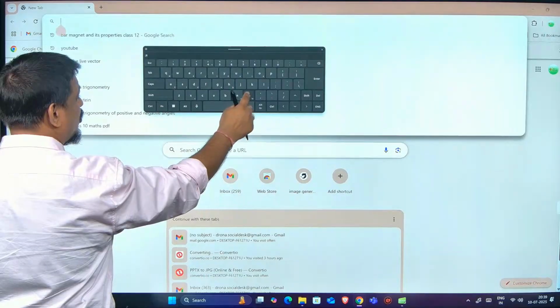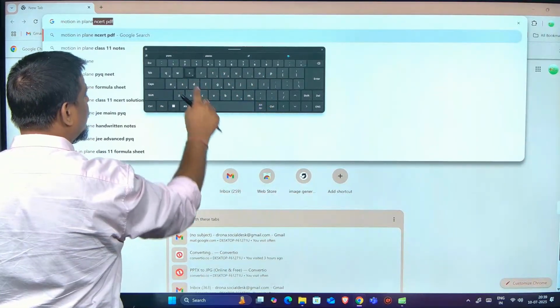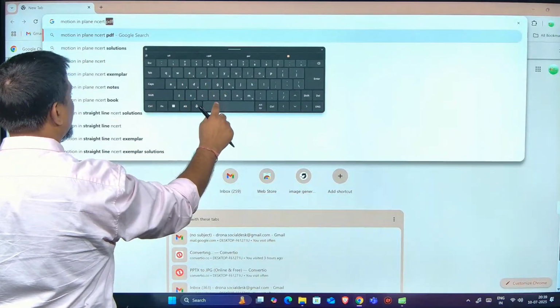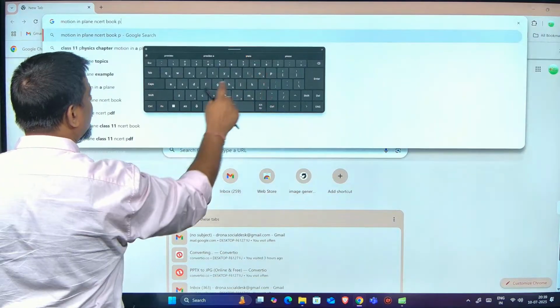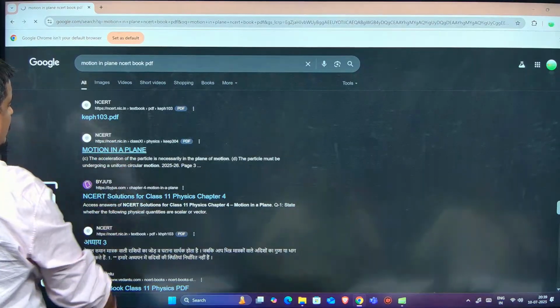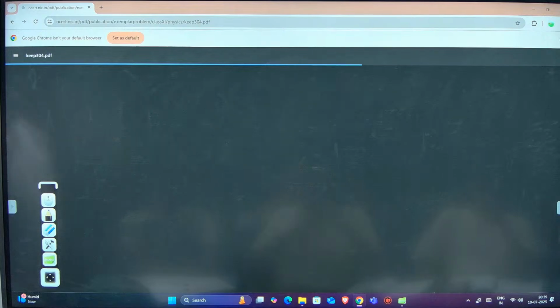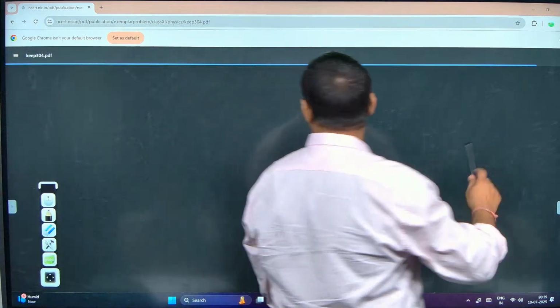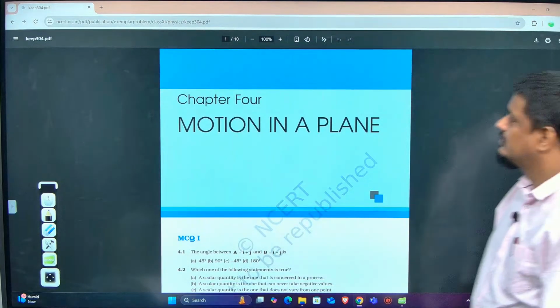What is the chapter name? Motion in a plane. What is this here?